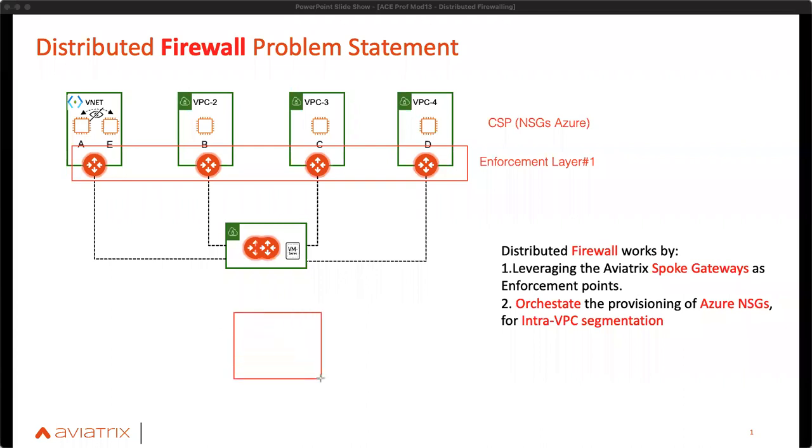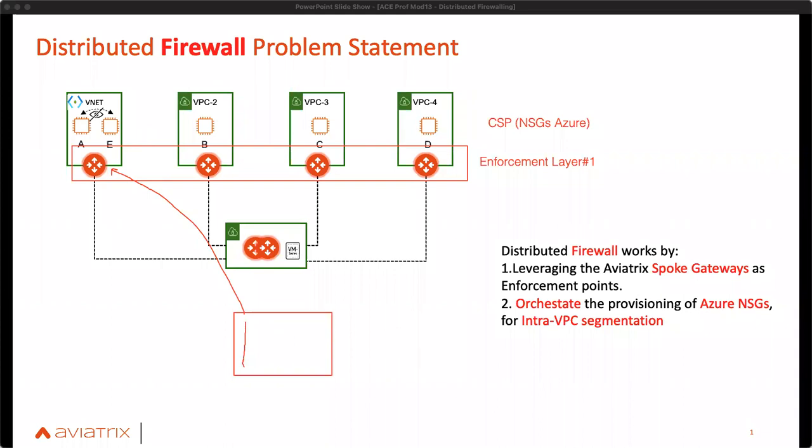So you as a user, you deal with Copilot. And you say, I want these instances to talk to these. And the system is smart enough to push the rules to the relevant firewalls that need them. Not necessarily all of the rules have to hit all the firewalls. You just write your intent.